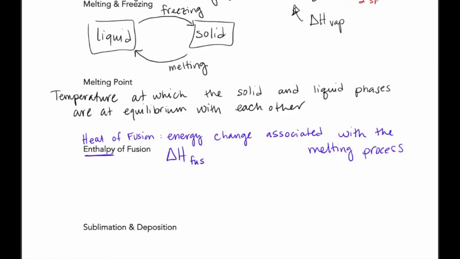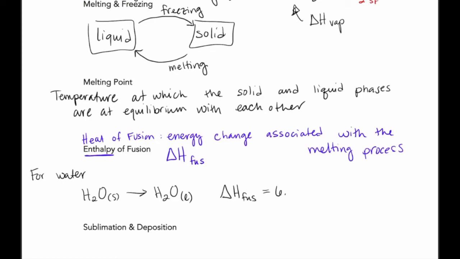Okay. And we'll look at this for water as well. So for water, if we're looking at melting, that's going to be H2O solid to H2O liquid. And the energy change associated with that is going to be a little bit less energy than vaporization.